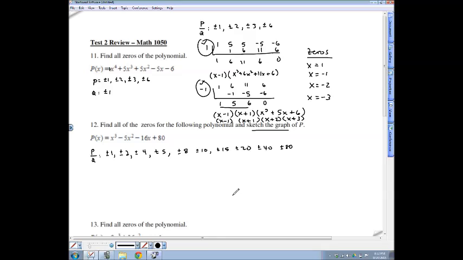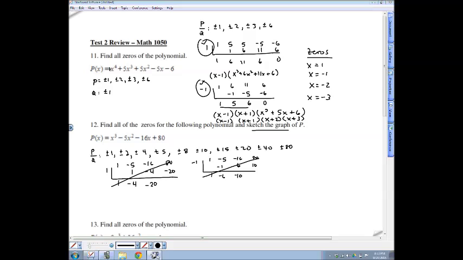So we've got to go through and check them. We'll start with 1 here. Looks like that one didn't work. We can try negative 1. All right, that didn't work.